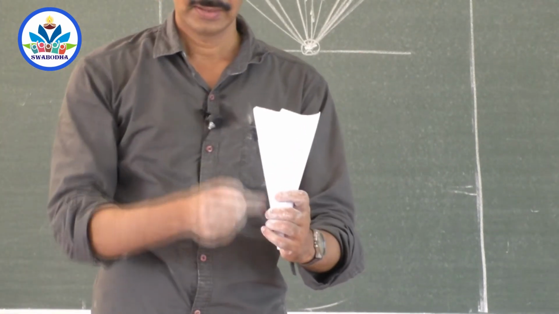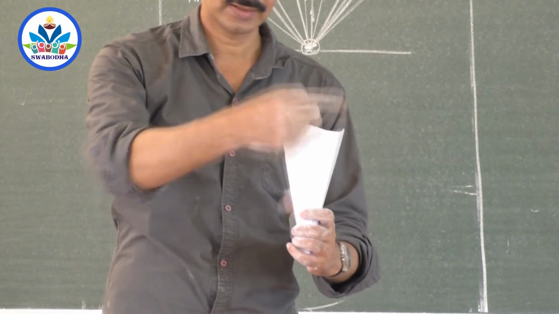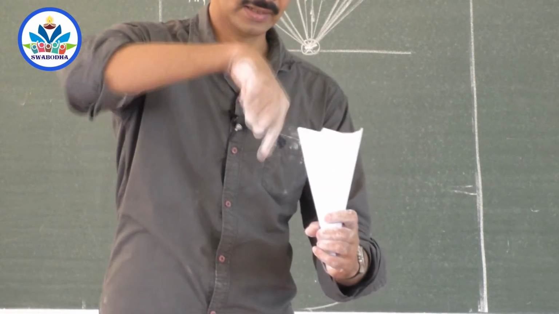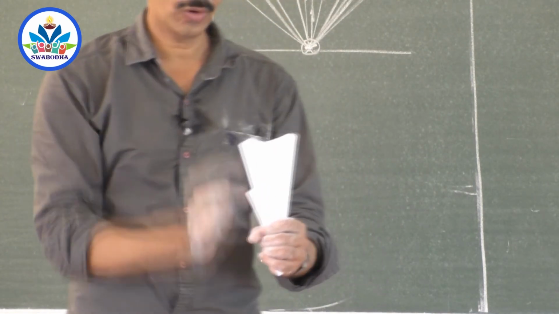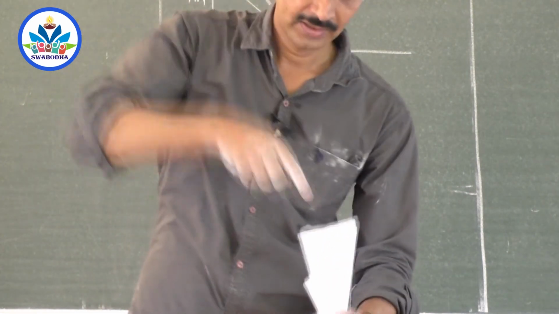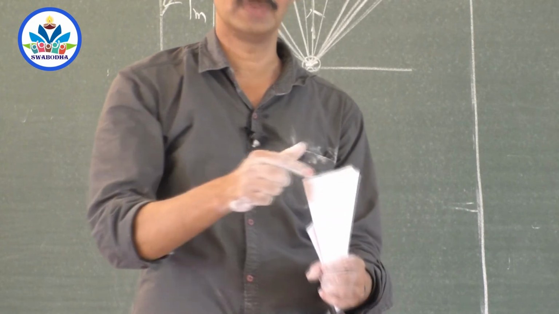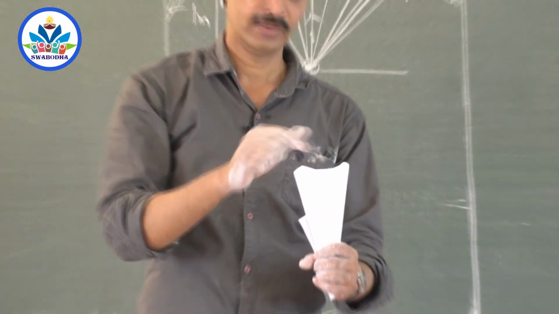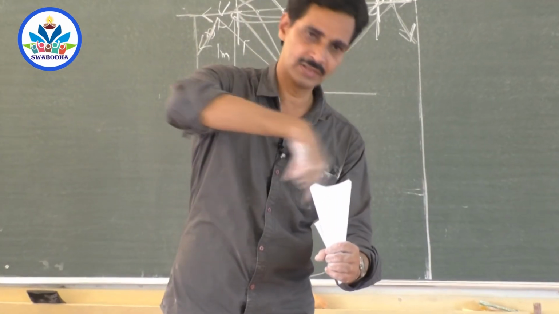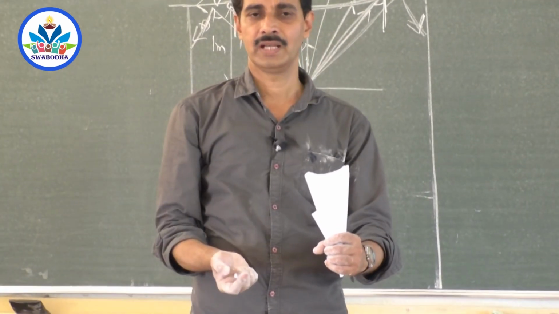You don't see that. This ray grazing, this ray grazing. Imagine it in 3 dimensions. You can get a cone of rays coming out. These rays come out because for all those rays, the angle of incidence will be lesser than the critical angle, and for all the rays outside this cone, the angle of incidence will be greater than the critical angle.